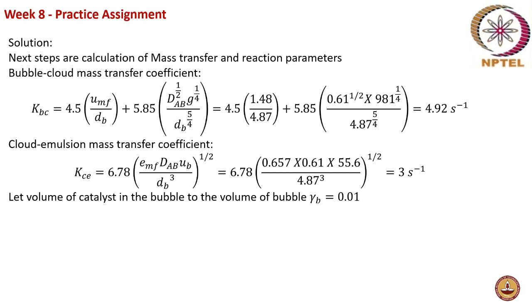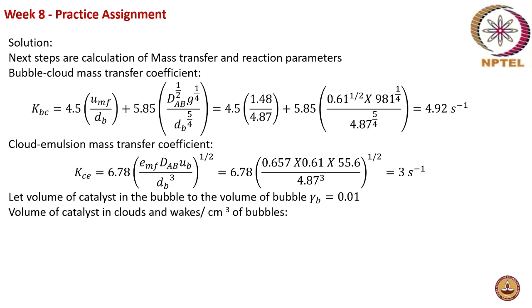Now, the next step is the volume of catalyst in the bubble. Let us assume that the volume of catalyst in the bubble, that is only in the bubble portion, is 0.01. That is, the solid occupies only 1% of the bubble alone.